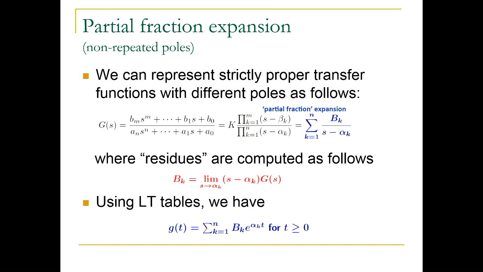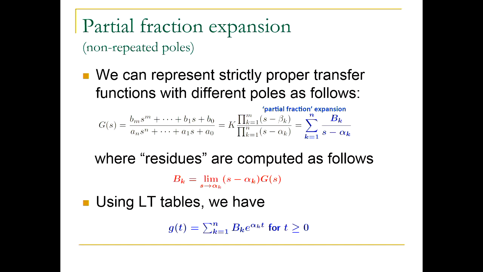So we'll come to that later. So what are these beta k's? They are zeros of this polynomial. When I set this polynomial equal to 0 and find all its solutions, that's beta k's. If I set this polynomial here equal to 0 and find alpha k's, that's where they come from.